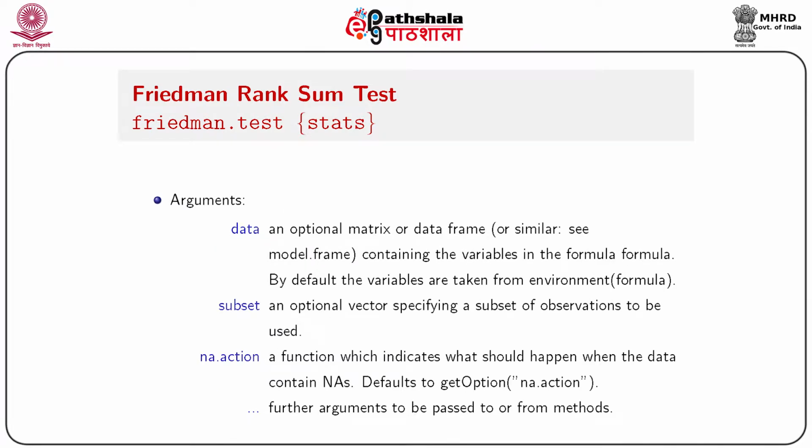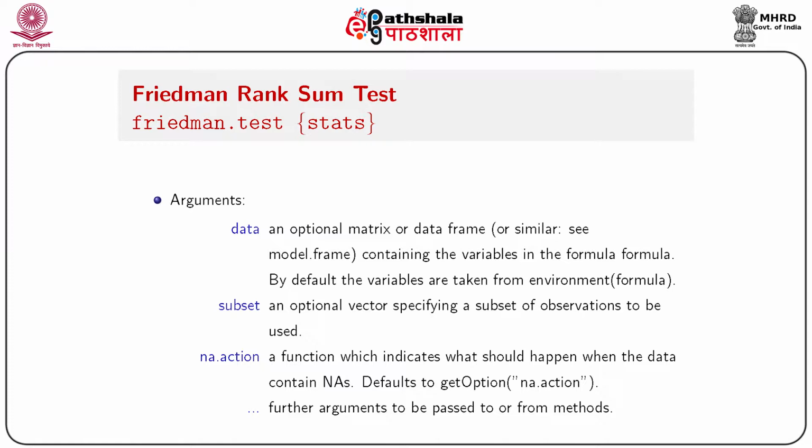The argument data is an optional matrix or data frame containing the variables in the formula. By default, the variables are taken from the environment of the formula. Subset is an optional vector specifying the subset of the observations to be used. If you do the test for a subset of the data, this argument can be used to get the selected portion of the data.